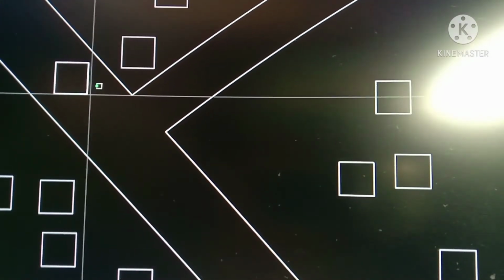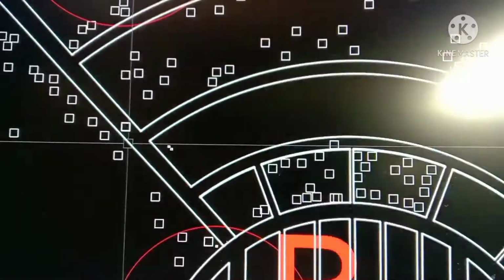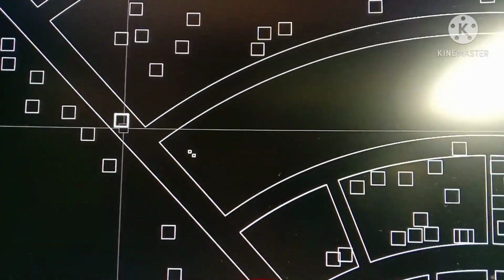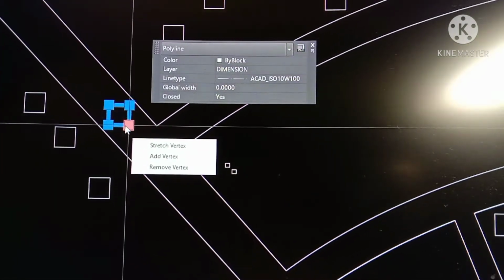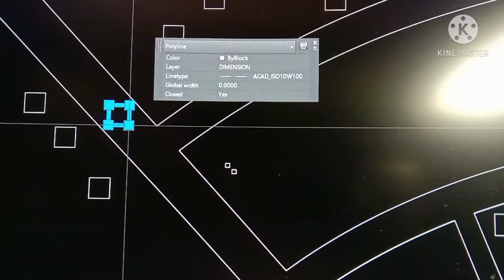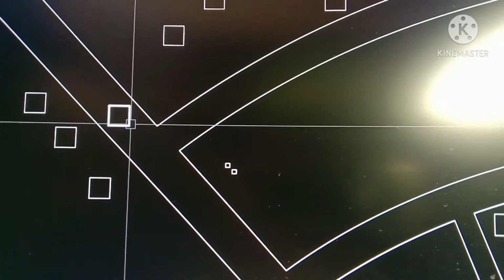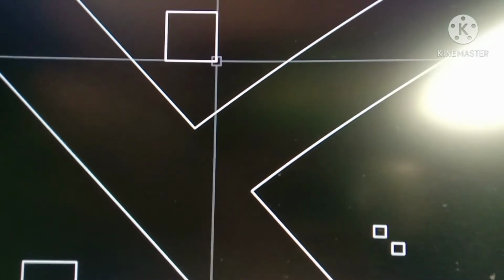This one has been transferred, and there is another one also here. All those houses blocked by the roads have to be moved outside the roads.